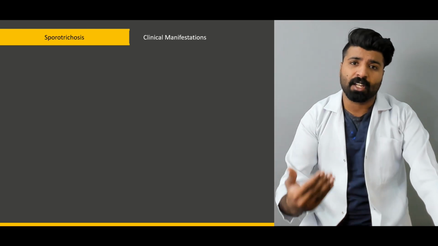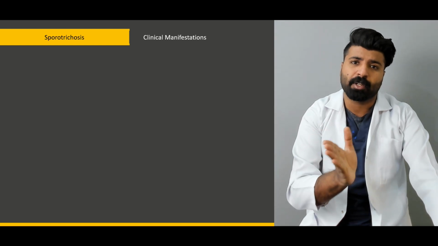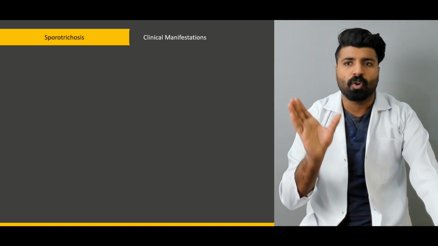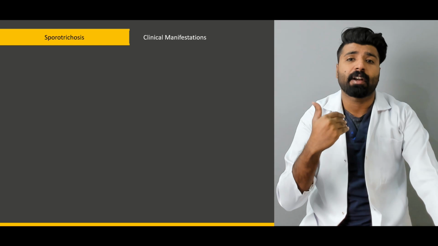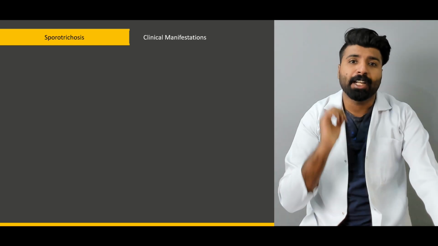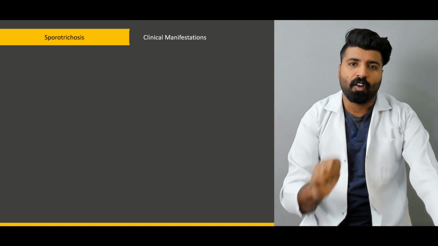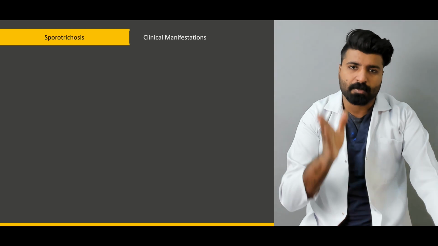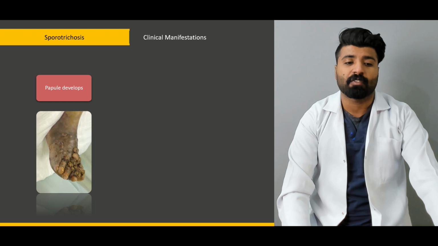If it's affecting your skin, your subcutaneous tissue, the clinical manifestations are going to be according to that. And if it's involving your bone, causing osteoarticular sporotrichosis, the clinical manifestations are going to be regarding that. So clinical manifestations truly depend upon the involvement of this pathology. What structure is being involved? What structure is being targeted? That's how you know what clinical manifestation it will come with.